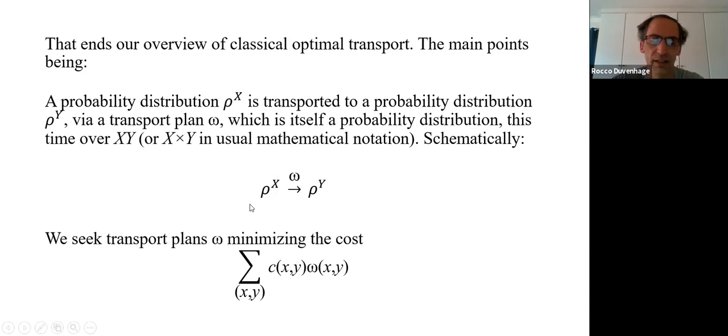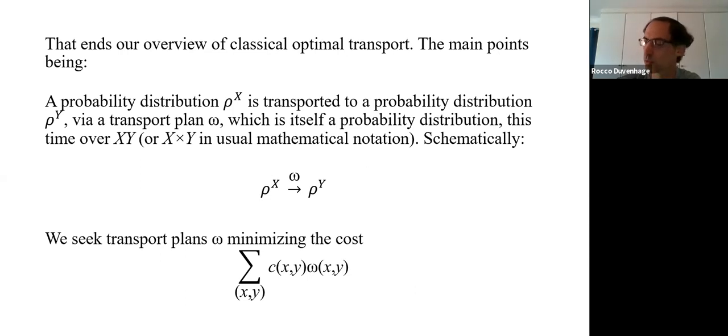So schematically, I can show it like this: distribution rho X here, distribution rho Y here, and this distribution in between is the transport plan. It's, in a sense, the dynamics that takes goods from X to Y, and we want to minimize the cost. So that, in very brief outline, is what happens in the classical case.